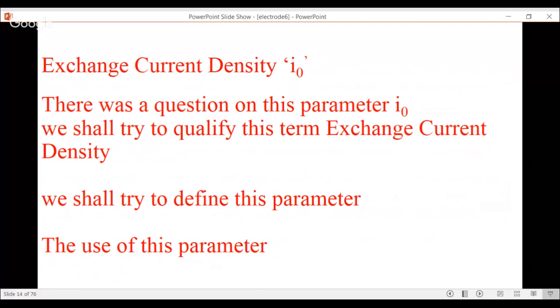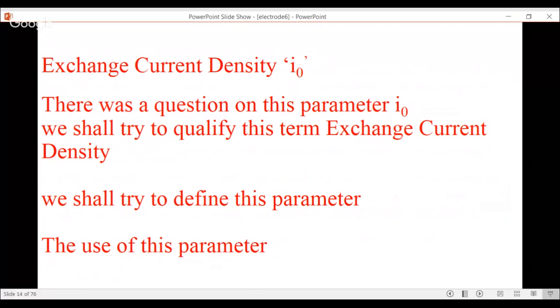The value of the exchange current density is the maximum current that one can draw from an electrochemical device when equilibrium is established. But in an electrochemical device, we are never looking at the equilibrium situation. Therefore, the realizable exchange current density and the theoretical exchange current density will be different. We will look at them a little later.